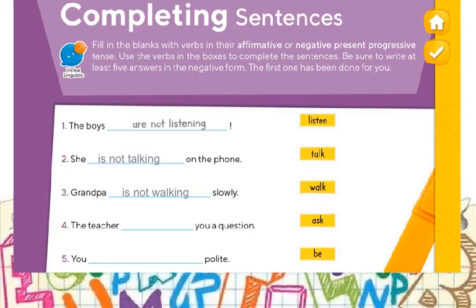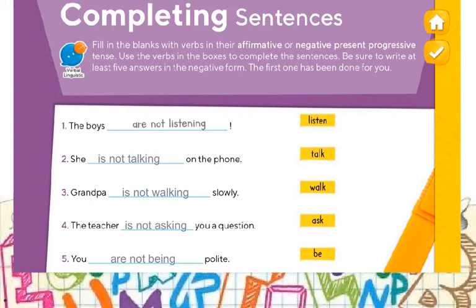Number 4, the teacher, the verb is ask. To make it negative, the teacher is not asking you a question. Number 5, the verb is be.